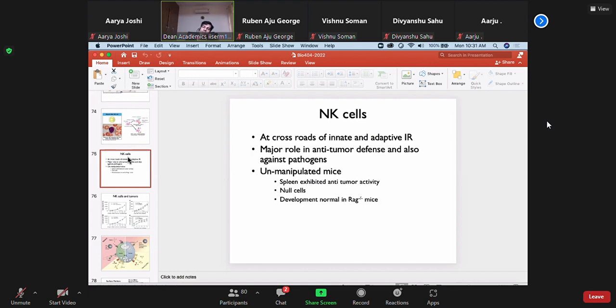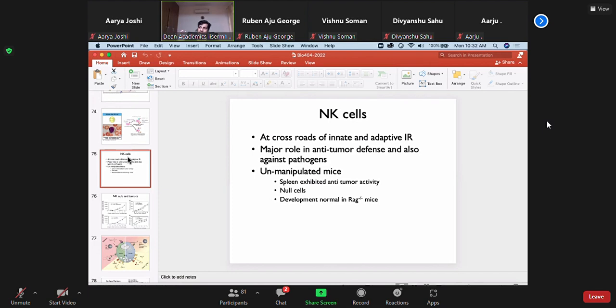One would like to think that if there is a killing activity, you would attribute it to the cells of adaptive immune origin. But if you have already knocked out this gene function, this RAG enzyme, that activity was still there. So that means this was not contributed by T cells and B cells.